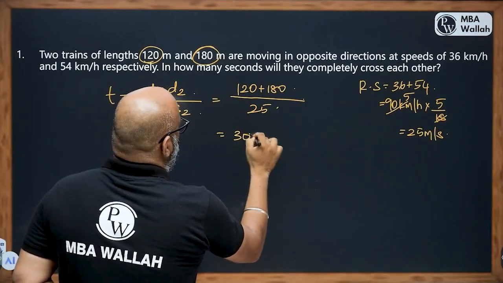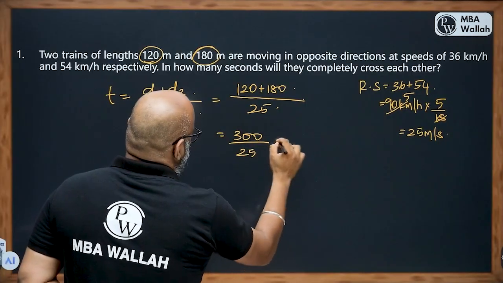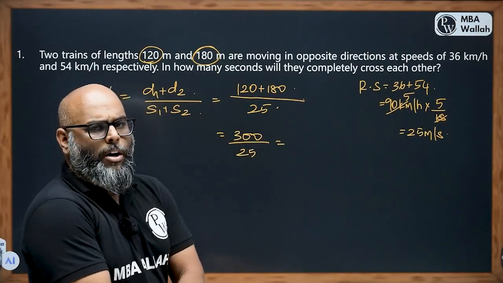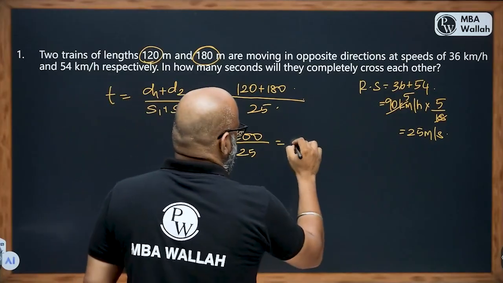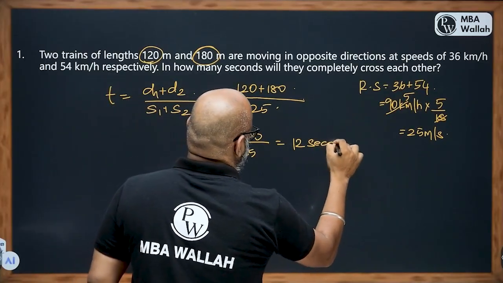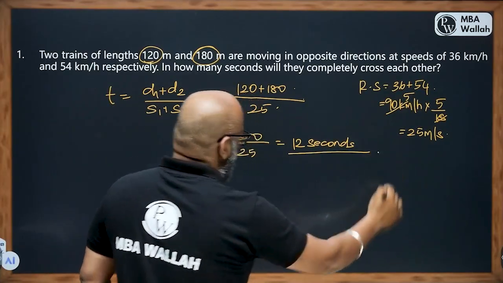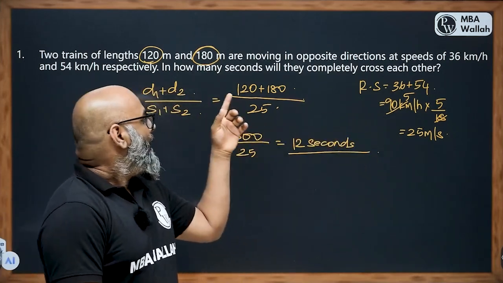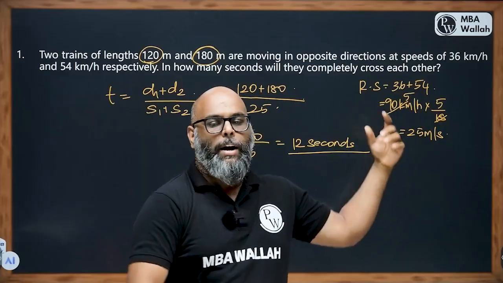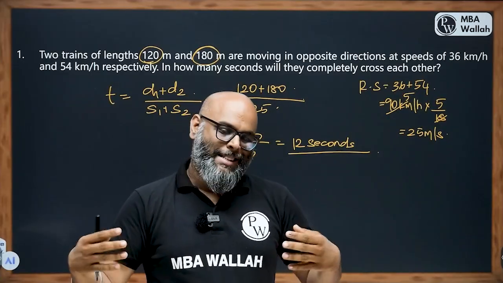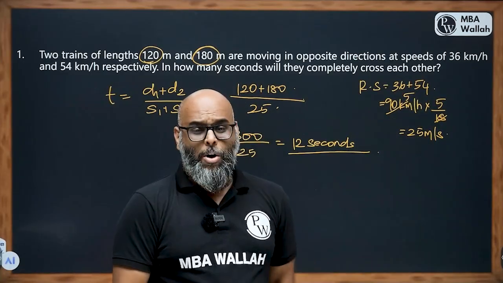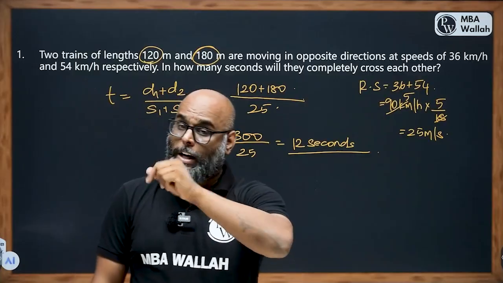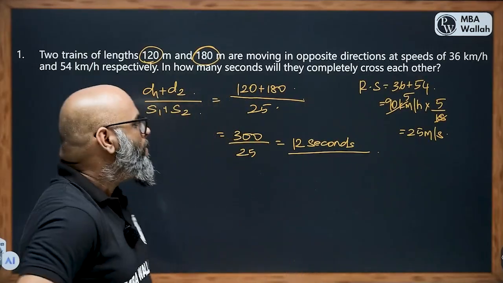We'll get 300 divided by 25. 25 into 4 is 100, into 3 is 300, that's 12 seconds. Had they been traveling in the same direction, this would have become s1 minus s2, 54 minus 36. But in this question, opposite direction, so we are adding it. So be very particular about what condition we are working with, right?